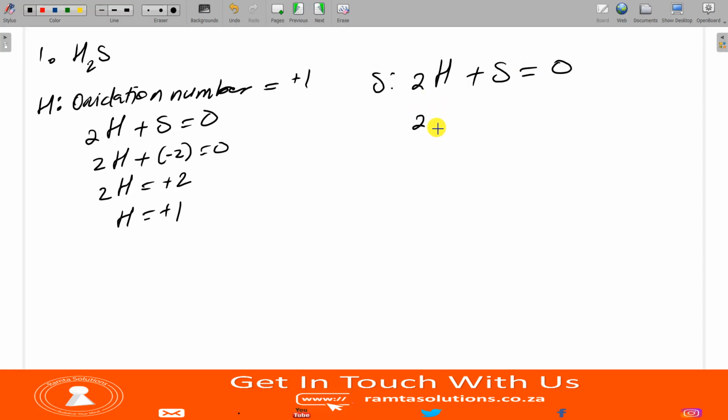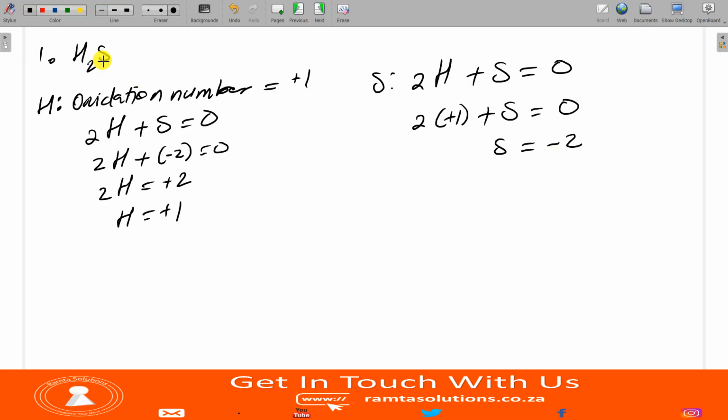So it'll be 2 times +1 plus S. Some say to call whatever you are calculating X, and that's okay, you can do that. Equals 0. So S equals -2. Indeed, the oxidation number of sulfur is -2.